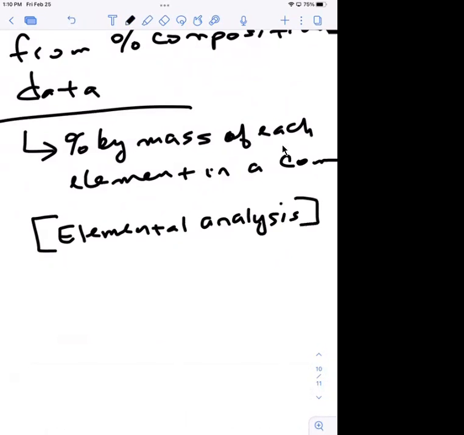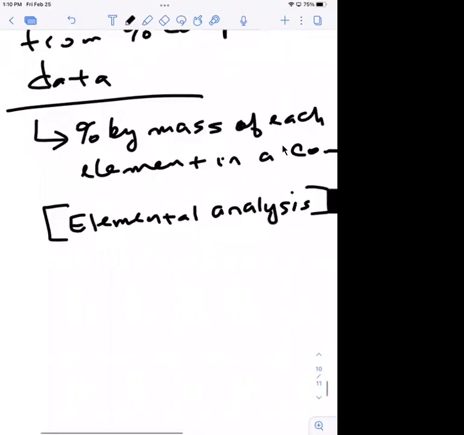That's done in a mass spectrometer where you can inject a sample into it, even if you don't know what it is, and figure out how much of each atom is present by mass. So we can figure out the percent composition. And the most basic way to do that is to be given a sample and the mass of each element in that sample, and then figuring it out that way.